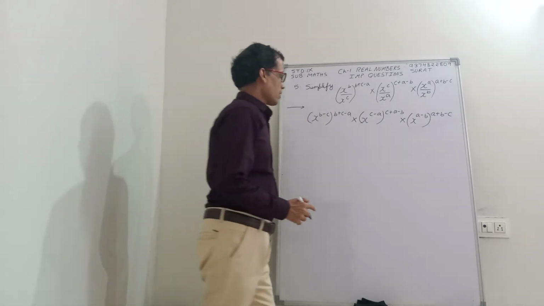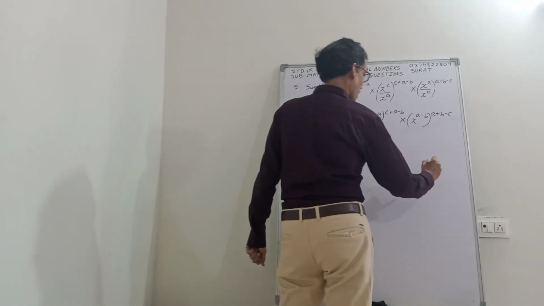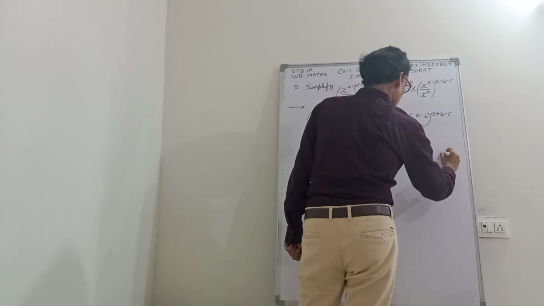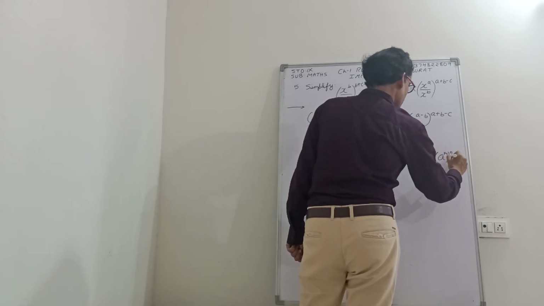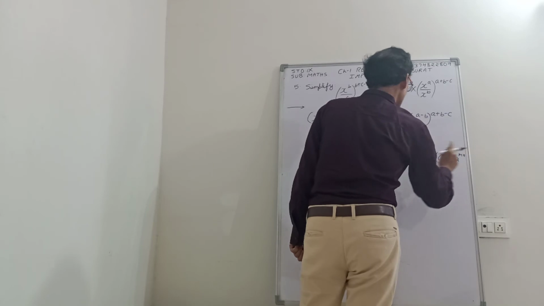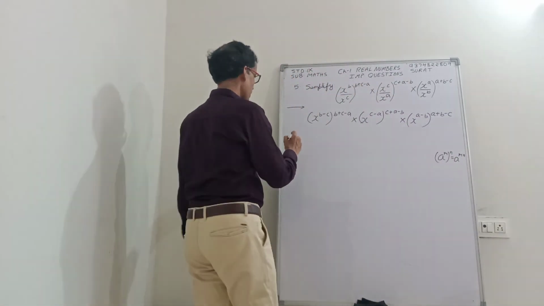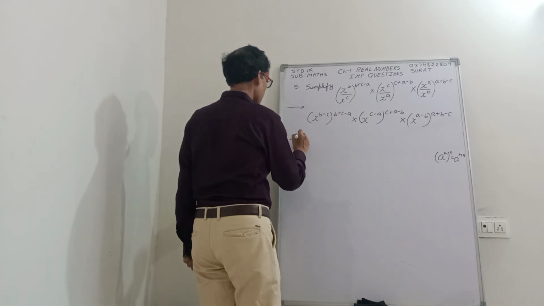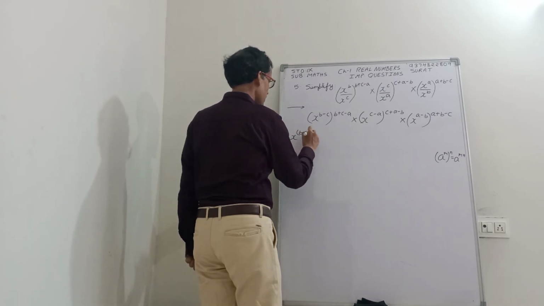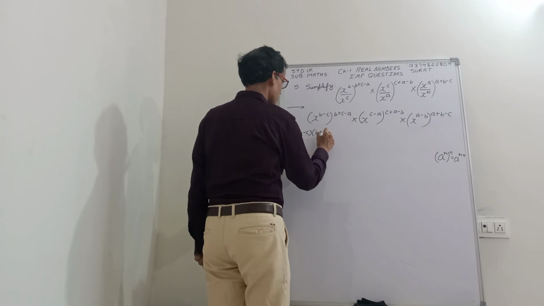अभी देखिए, now you have to use the formula a power m power n is equal to a power mn. तो यहाँ पे भी हम पावर को मल्टीप्लाई कर देंगे. So we get x power b minus c into b plus c minus a.